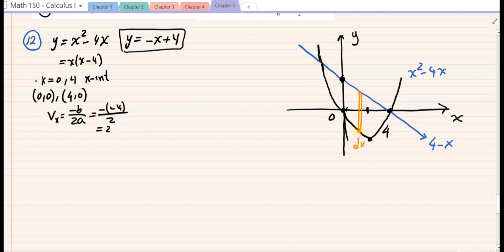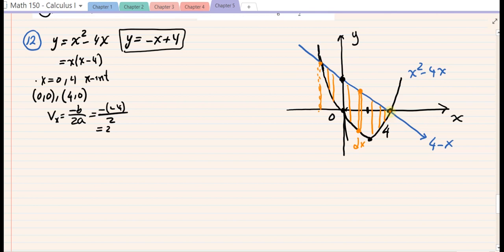The height of the rectangle is given as a distance from the upper function to the lower function, right? Therefore, when we set up this integral, and these rectangles, by the way, can start right here, and then you can see as you move across, they can begin with the point of intersection of the curves and go all the way up to 4.